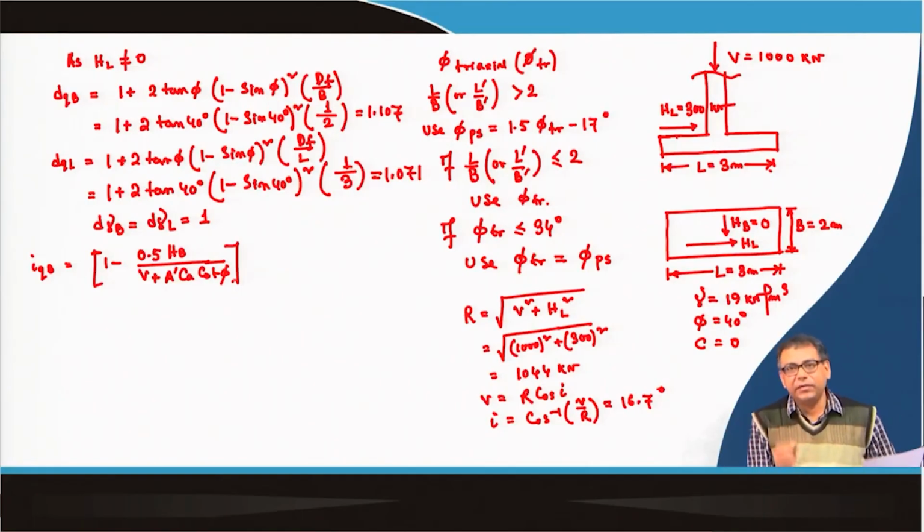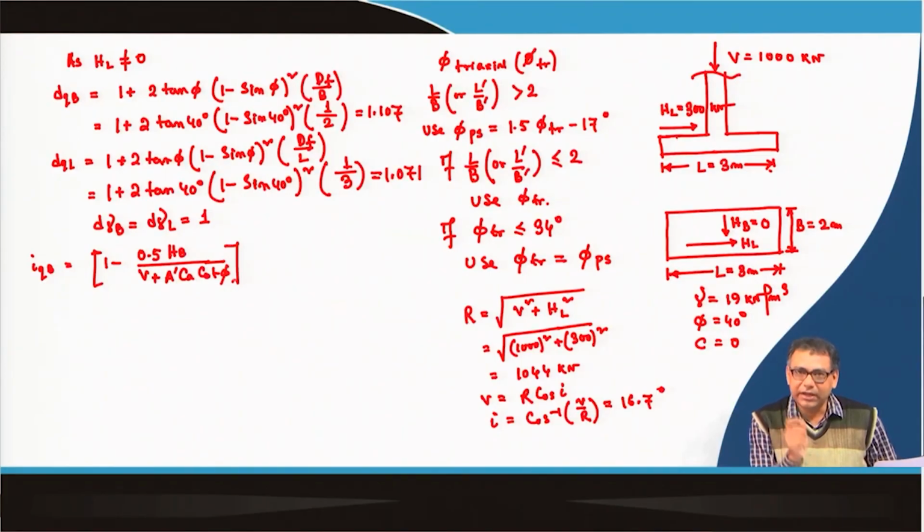And remember that if there is a horizontal load and the vertical load is inclined, then eccentric, we have to use B dash L dash as per the suggestions given by different theories. Even Hansen also suggests you use B dash and L dash.